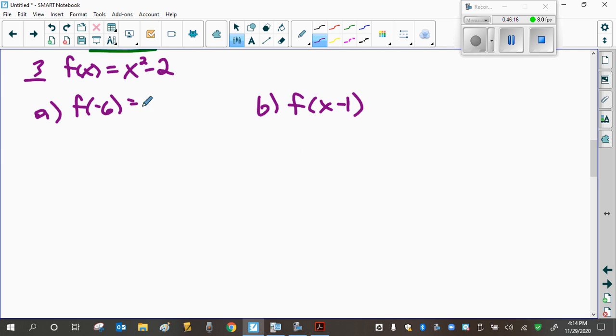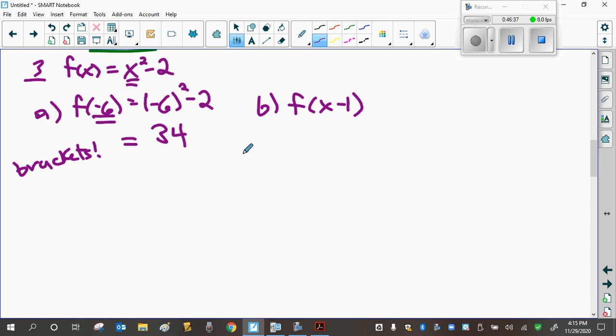Function notation. This means x. Wherever I see an x, I put -6. But I need to put it in brackets. Otherwise, I don't get 34, I get -38. So write down brackets, or you're going to get 0.